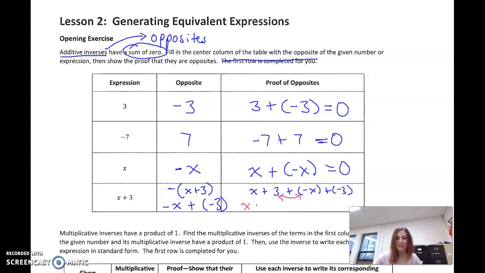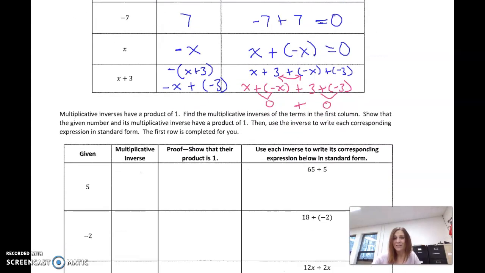And this becomes x plus negative x plus, I switch these around, 3 plus a negative 3. Well, x plus a negative x, they're opposites. They add to 0. 3 and a negative 3, opposites. They add to 0. So guess what? This all just equals 0. Anytime you have your opposites, your additive inverses, it equals 0.